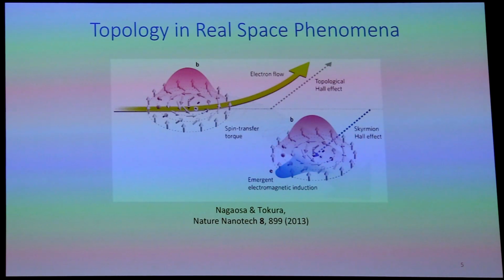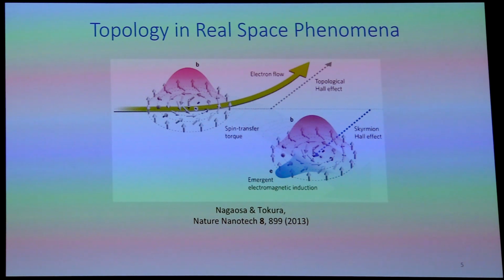There's been a lot of focus in this field on the topological properties from the texture in real space. The case in point is shown here, the interplay of electrons and the magnetic texture of skyrmions.